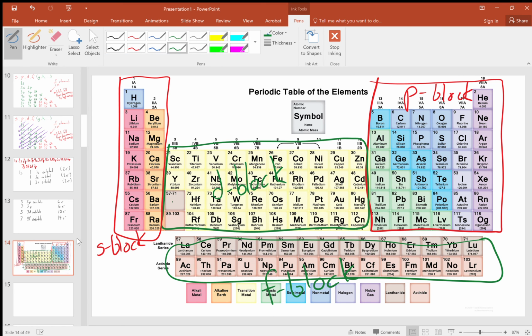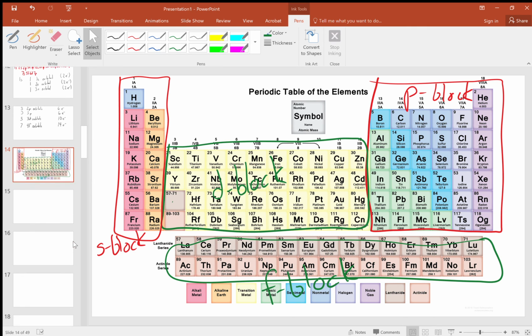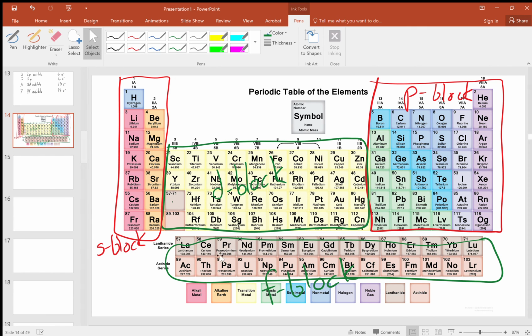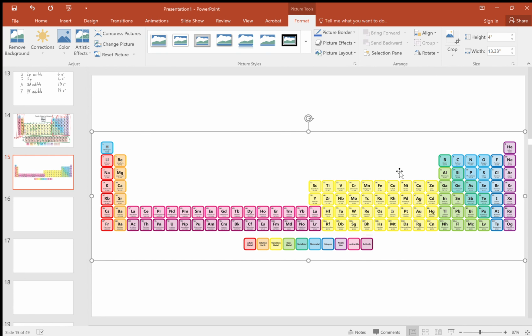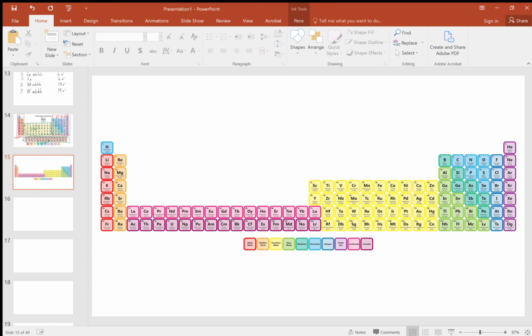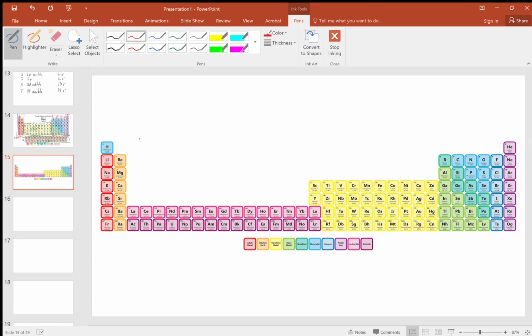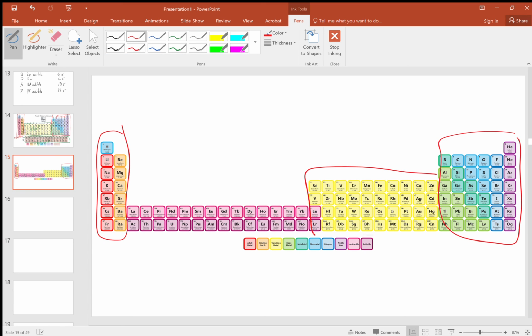Now, there's some argument to be made that the way we draw our periodic table doesn't even really make any sense. Why is this group all by itself down at the bottom? And so there's some theory, some people who say our periodic table should look more like this. And you'll notice if we do that, it seems to make a lot more sense. We have our s, p, d, and f.